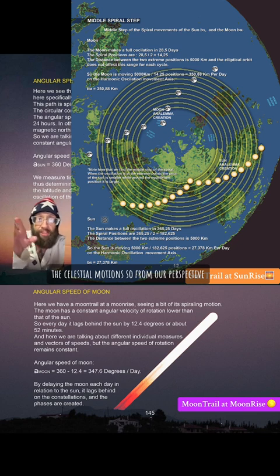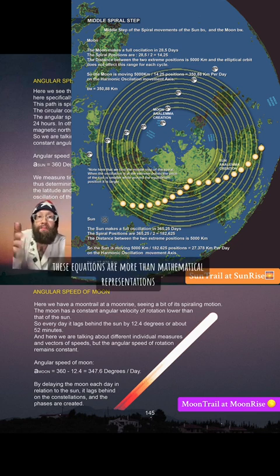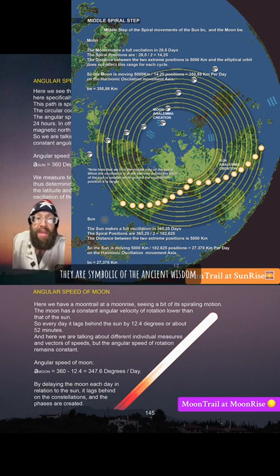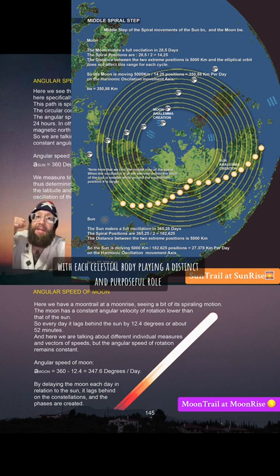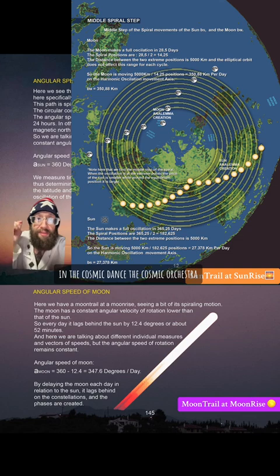So, from our perspective, these equations are more than mathematical representations. They are symbolic of the ancient wisdom that viewed the heavens as a reflection of divine order, with each celestial body playing a distinct and purposeful role in the cosmic dance, the cosmic orchestra.